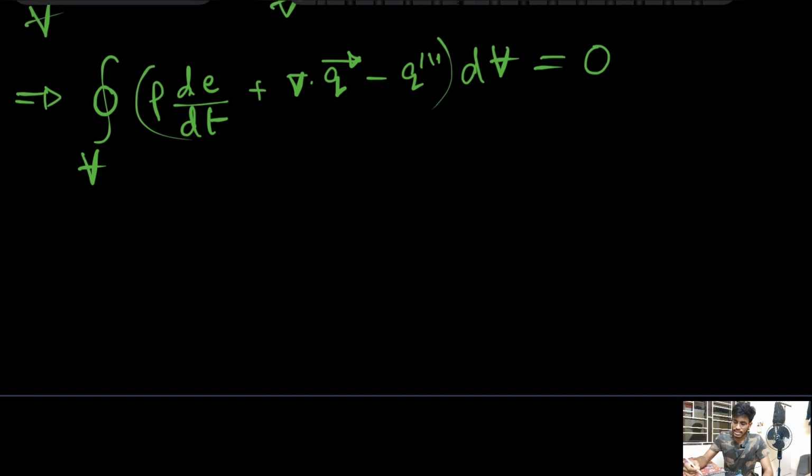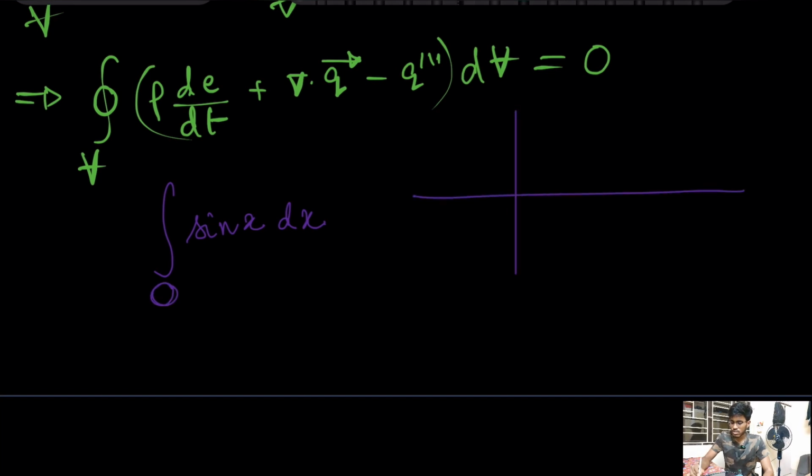Before saying that, I will put a small example for you. You already know the integral of sin x dx from 0 to what? If I consider the graph of sin x, this is 0, this is pi/2, this is pi, and this is 2 pi.